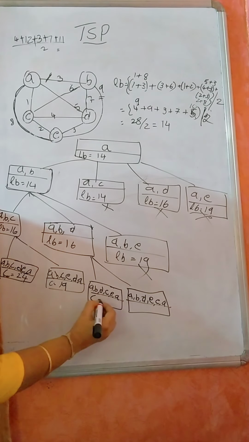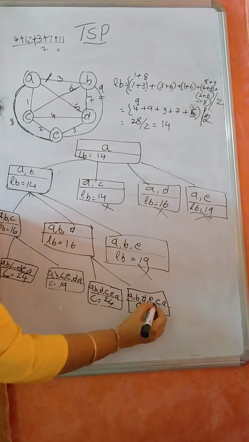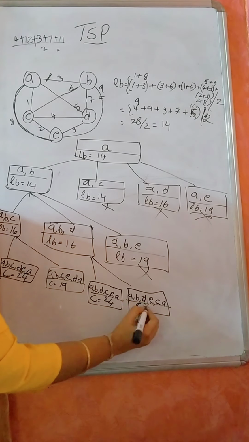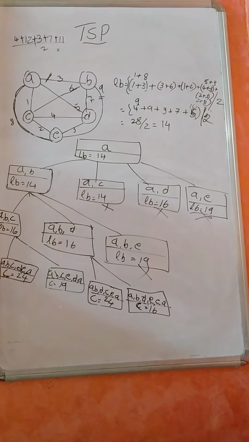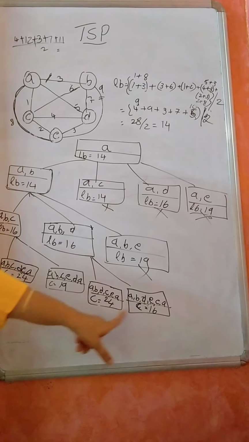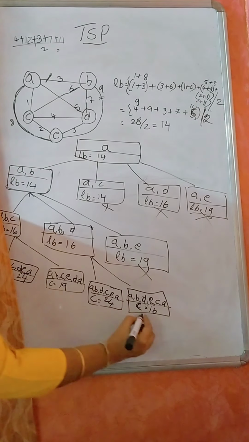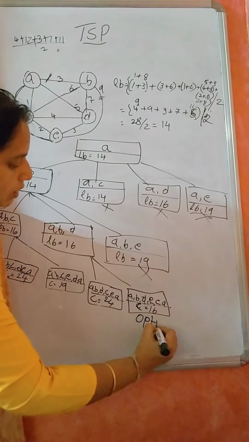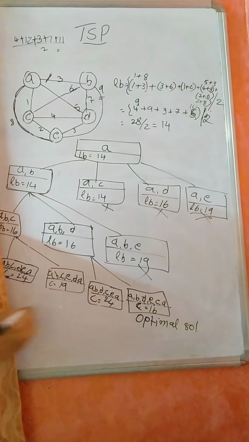So what is the cost you are getting? It is 24. And what is the cost here? It is 16. You calculate that. Cost is 16. So among these 24, 19, 24, 16, which is the minimum? 16 is the minimum. So this is your optimal solution. What is that optimal solution?